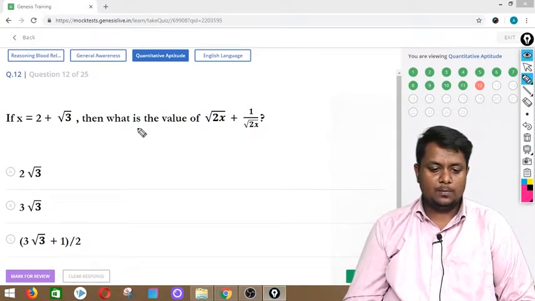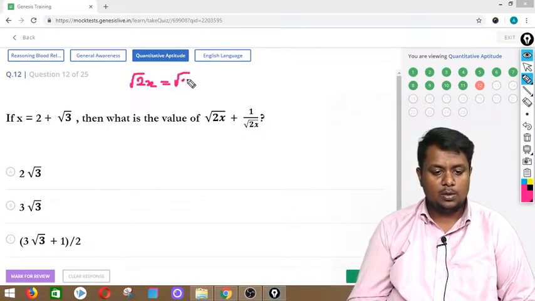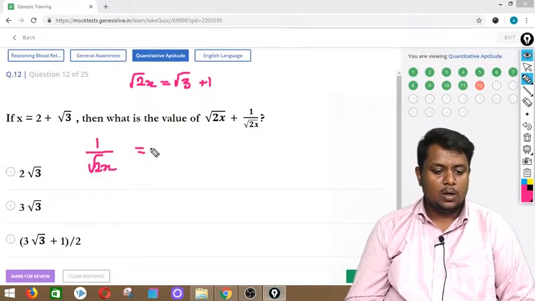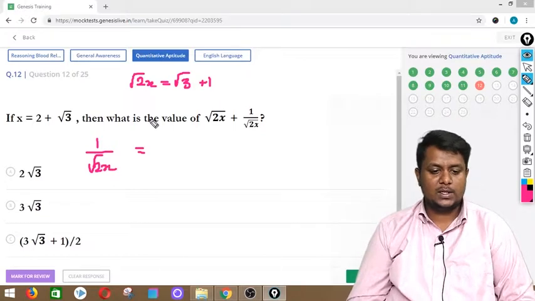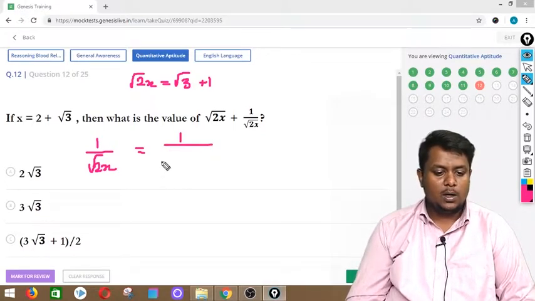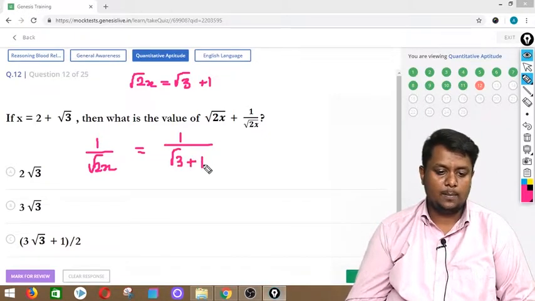Now let us find out 1 by root 2x. We have already found out that root of 2x is equal to root 3 plus 1. So 1 by root 2x can be written as 1 by (root 3 plus 1).